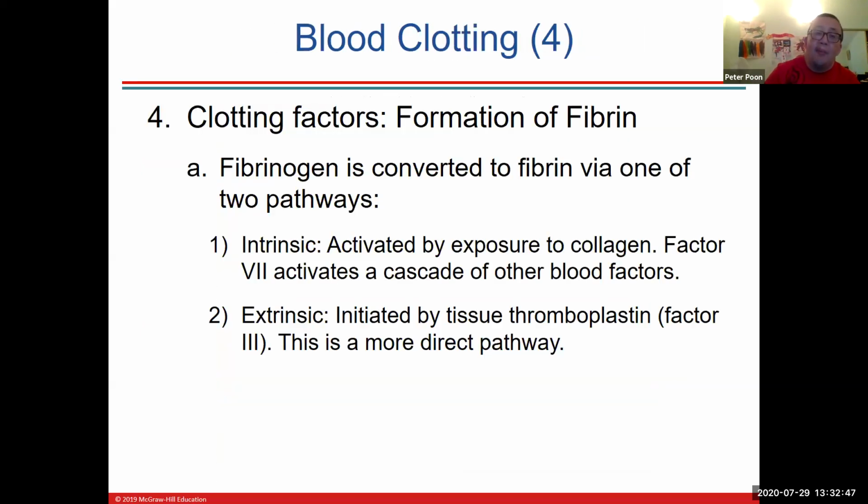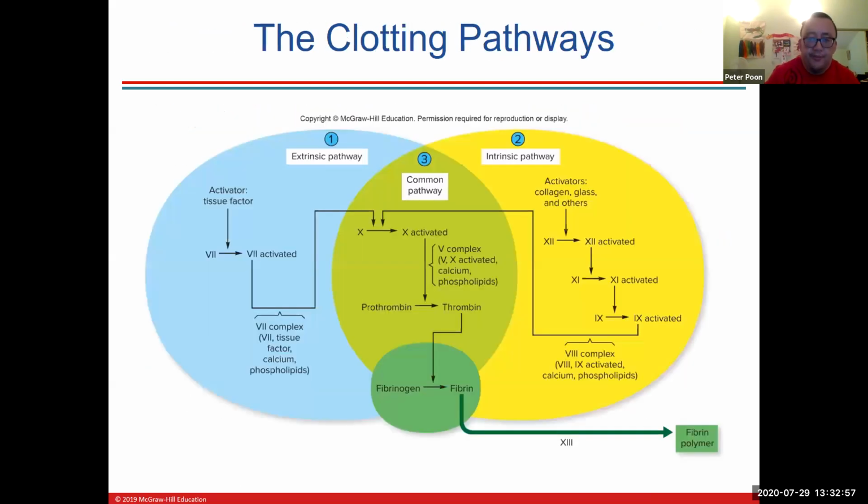Fibrinogen is converted to fibrin in one of two ways. Let's talk about the common pathway first. Ultimately, they both end up in this common pathway. Clotting factor X, factor 10, is activated, which cleaves prothrombin into thrombin.